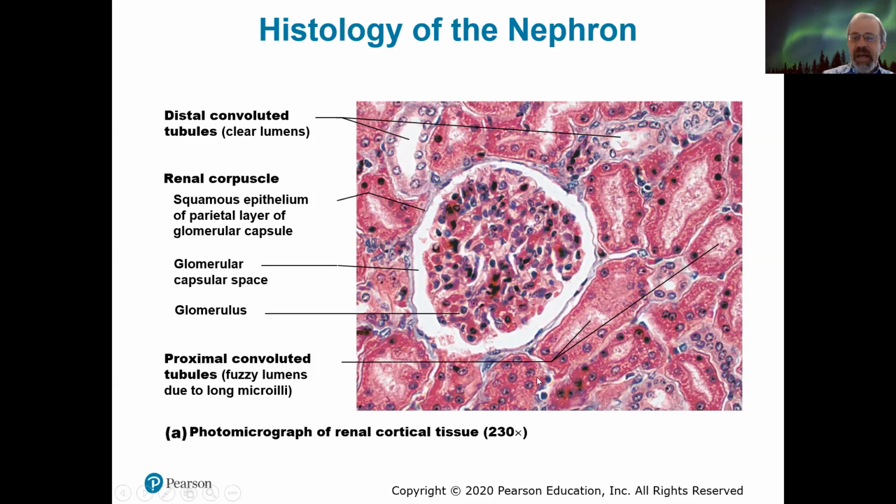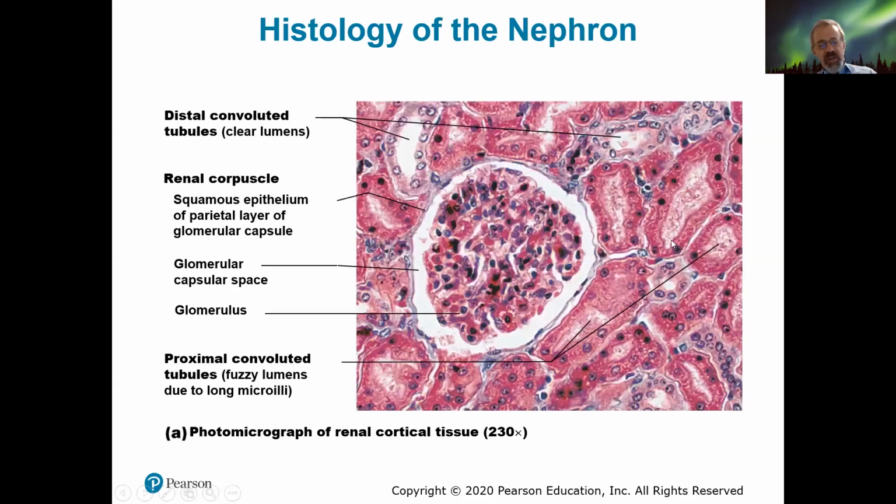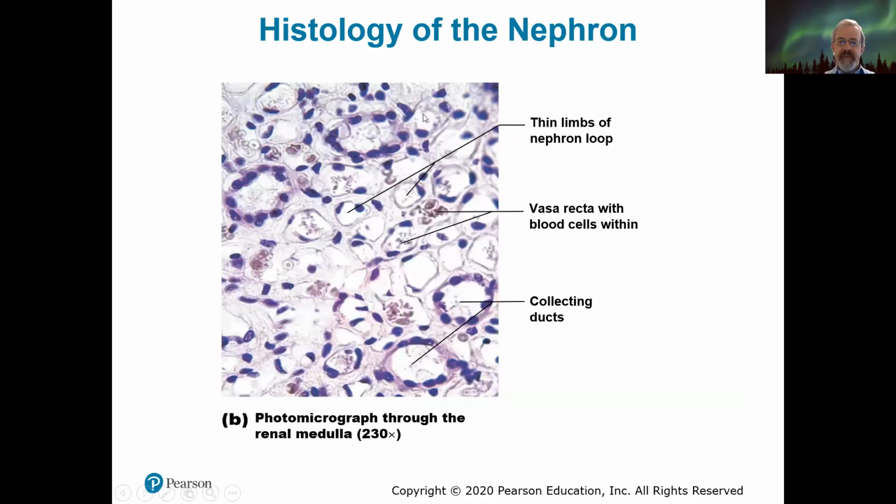It looks scattered like this because it's all coiled. And if we go back to this previous slide, you can see that all these tubules are just scattered, coiled through. So just a little bit of histology: glomerulus, capsule, proximal tubule, distal tubule.